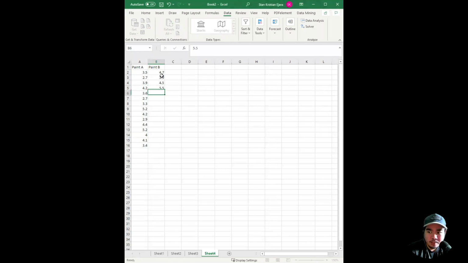Usually mas convenient parati pag naka-rows yung arrangement ng data. 5.5, 6.2, 5.1, and 5.4. 4.8 yung last natin. Okay?